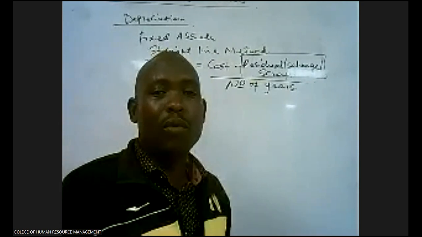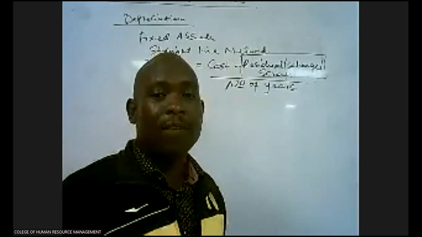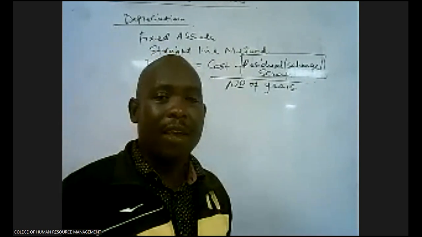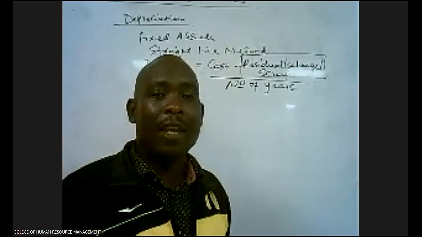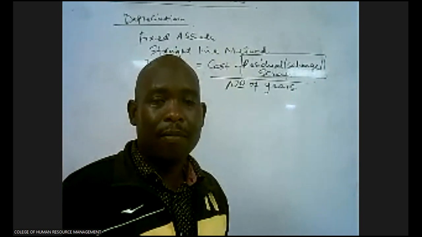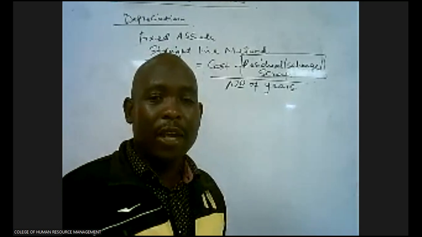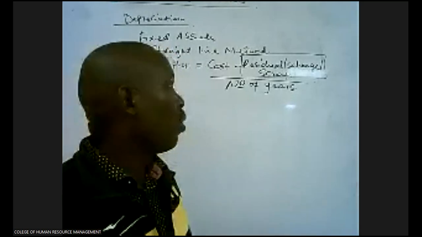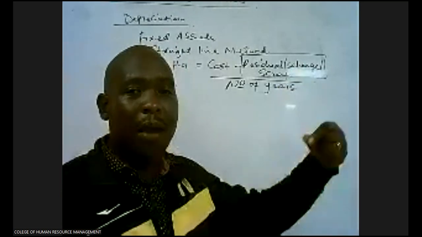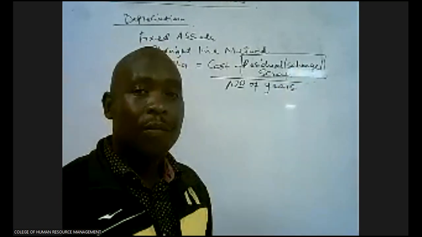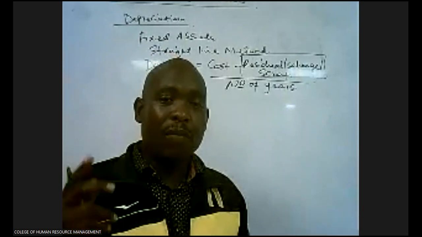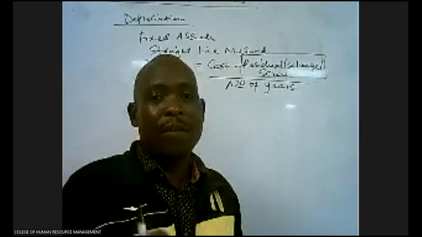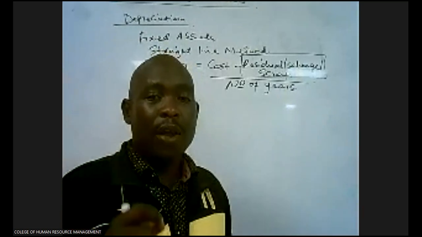If I bought a computer, I'm going to use it for 5 years. After 5 years, I can sell it and get some money. That money that I will get at the end of the useful life of the asset is what we call the salvage or the scrap value. I've acquired a computer at 5,000, and I will use it for 5 years.